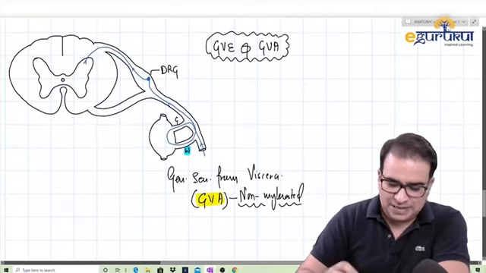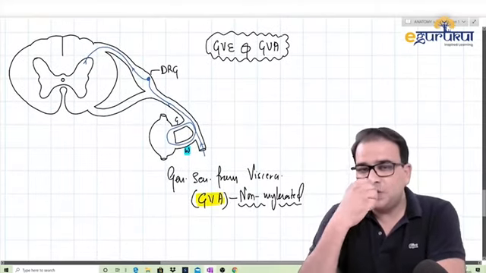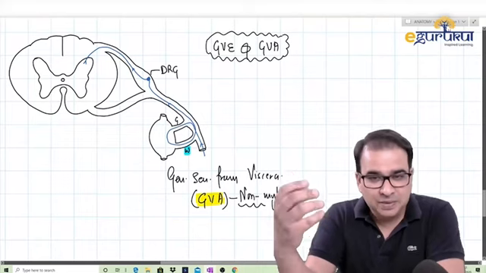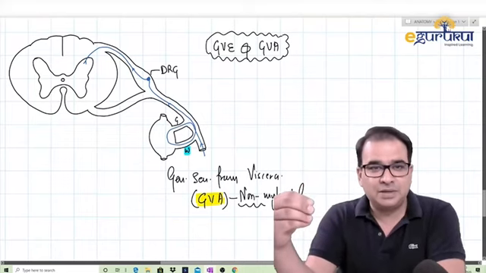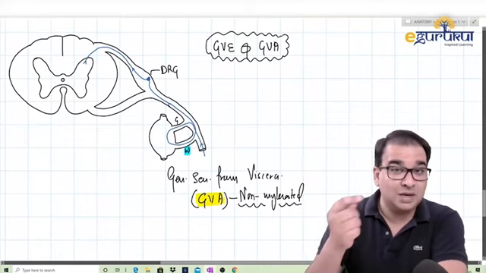Another possible scenario is GVA fibers, the ones carrying the general sensation from the viscera, the non-myelinated GVA fibers, entering through the gray Ramus communicans.